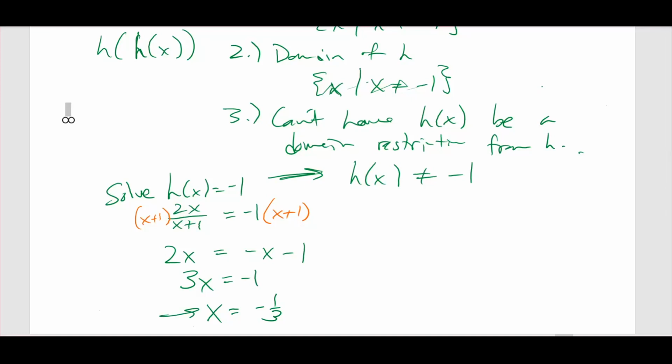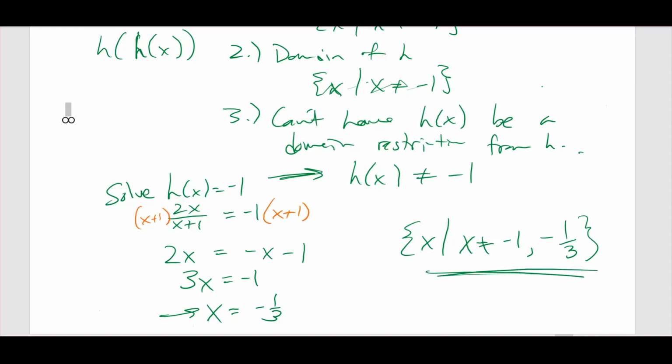So we start with the domain of our inside function, so that would be everything except for -1. And we have to further restrict ourselves so that the function value is not equal to -1. So there we have it.